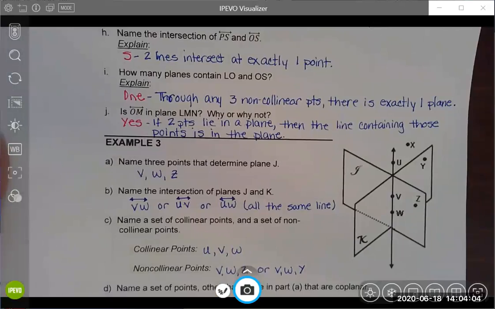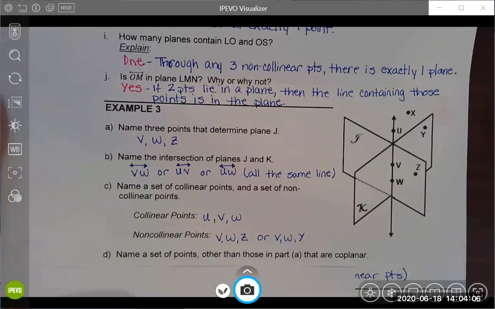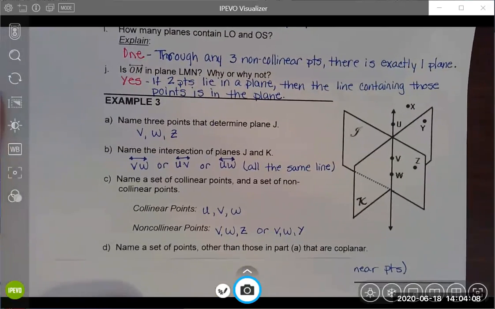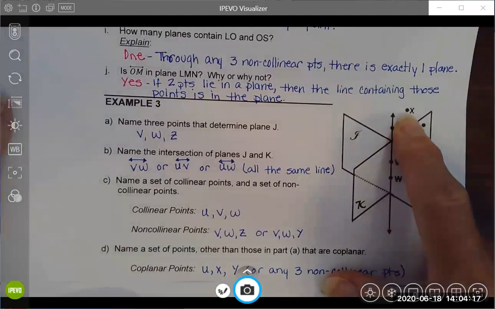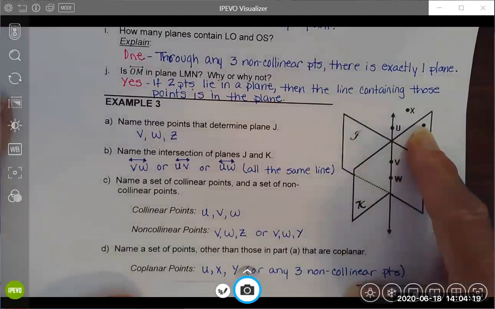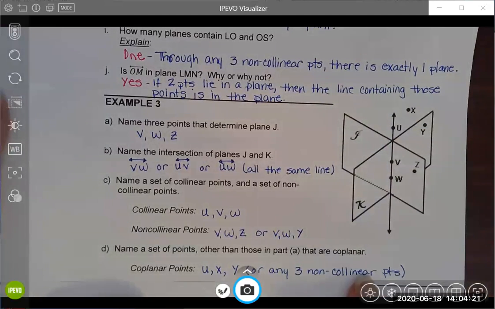And lastly, it says, name the set of points other than those in part A that are coplanar. And so coplanar points I said were U, X, and Y. 3 non-collinear points form a plane, and that's where I came up with that one.